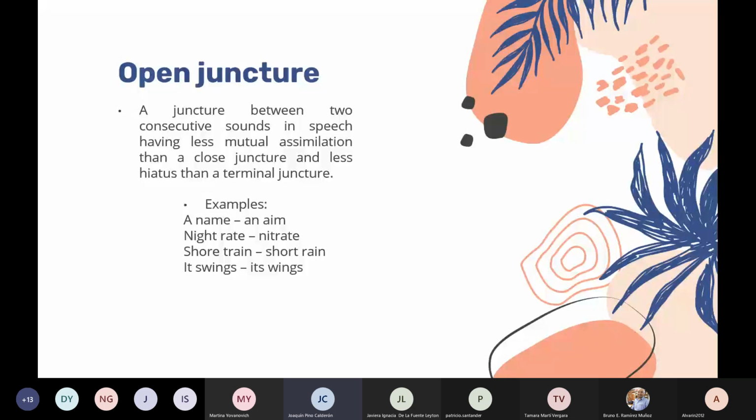So we have a name and an aim. As you can see, we have a little stoppage between the 2 words so that they can blend together. Night rate and nitrate, short train and short rain, it swings and its wings. And that's the open juncture in basic definition.